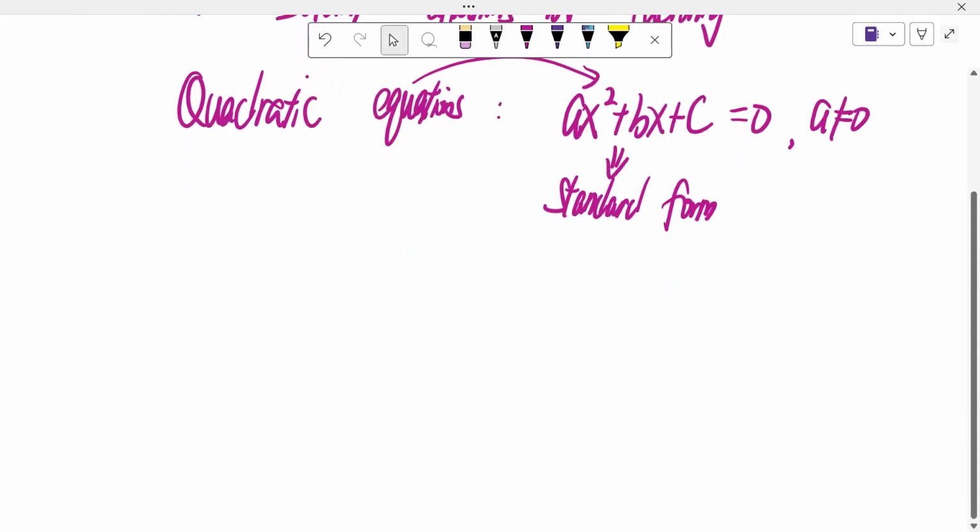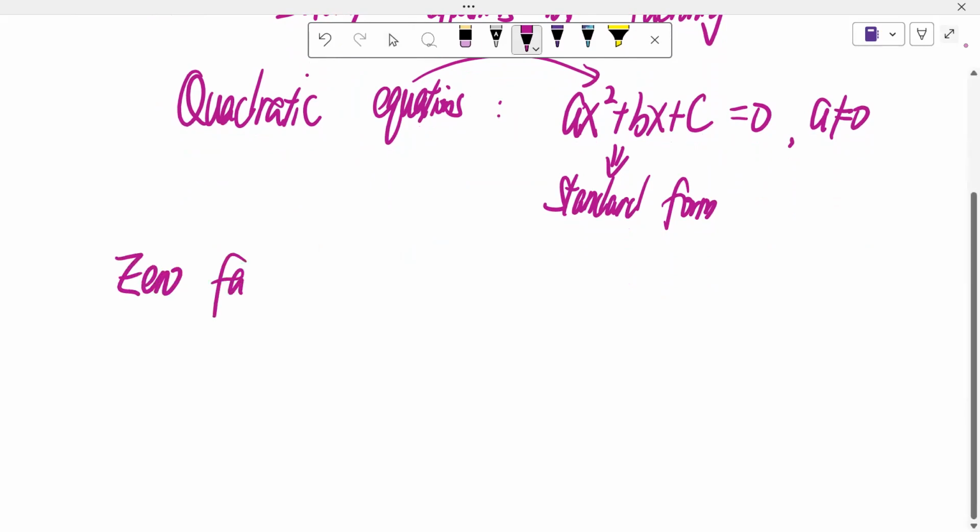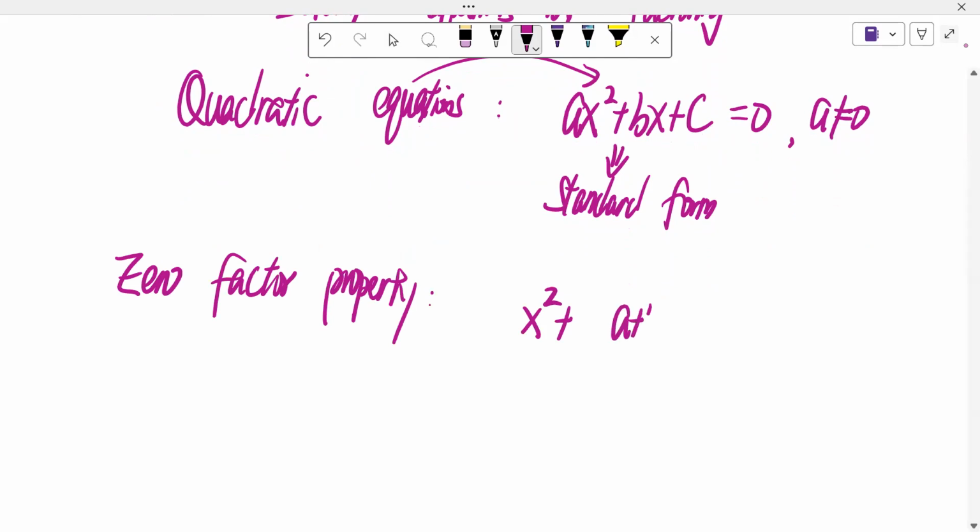Basically, we're going to turn it into two factors, like how we factor trinomials. And after we factor this, we use the zero factor property. Let's say we get x squared plus a plus bx plus ab equals 0.